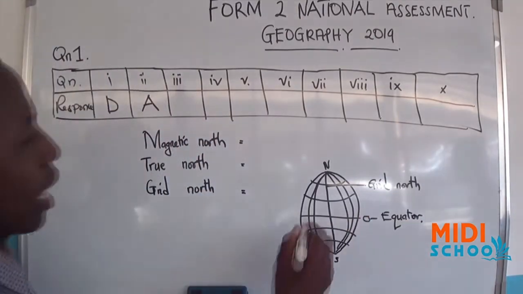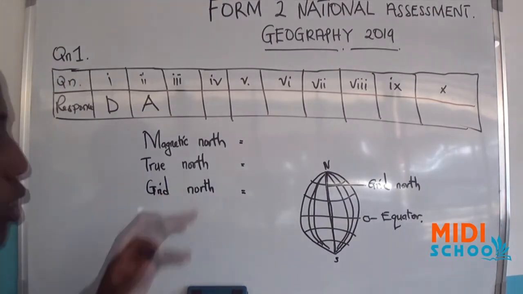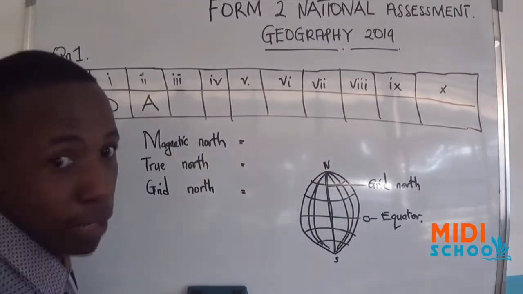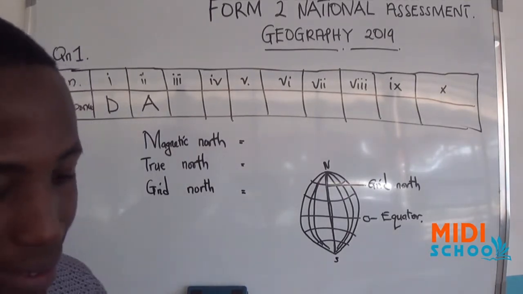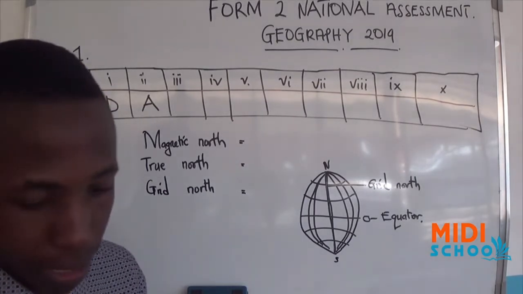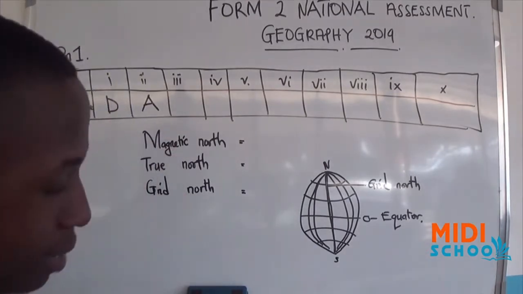This one at the middle is a grid north, but the true north is a fixed point, and the magnetic north is revealed from the compass as it directs, so that it can align itself with the magnetic field of the Earth. So our answer is A.